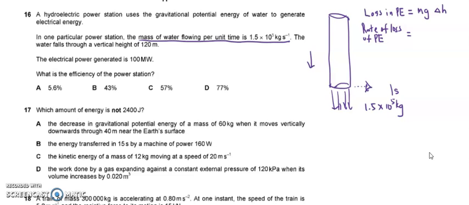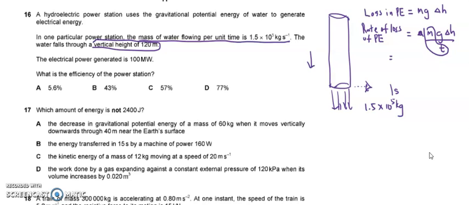So the rate of loss of potential energy will be m, g, delta h divided by the unit of time. Over here we can see that there's a mass per unit time and g is constant. The delta h is given, it falls through a vertical height of 120 meter.